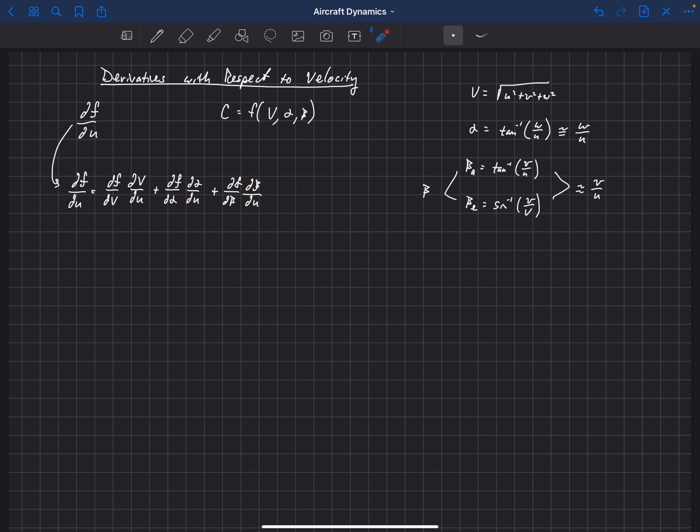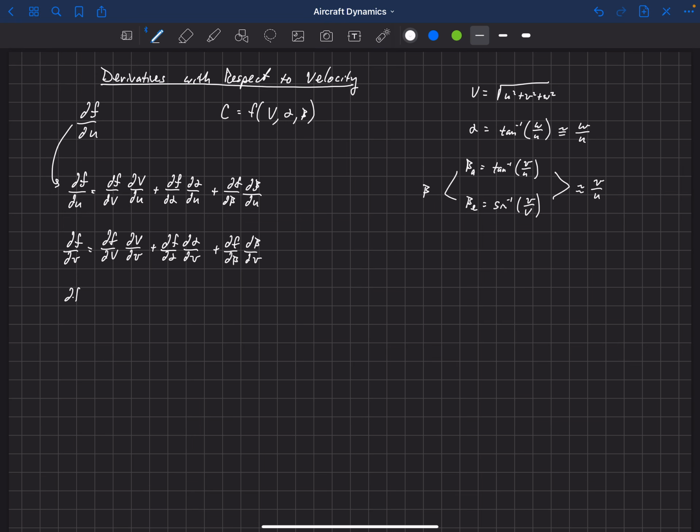Okay, and I can say the same for derivatives with respect to v. So I'll just write these out here quickly. We've got the partial with respect to capital V times the partial of V with respect to little v, plus the partial with respect to alpha, d alpha/dv, and the partial with respect to beta times d beta/dv.